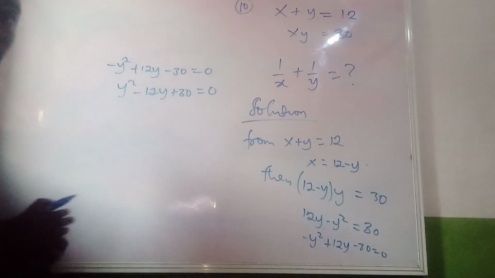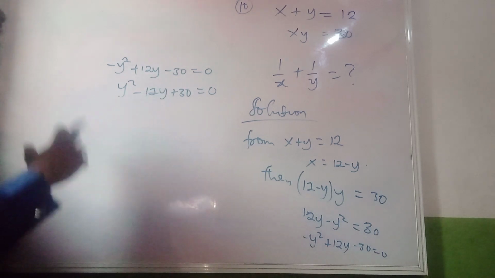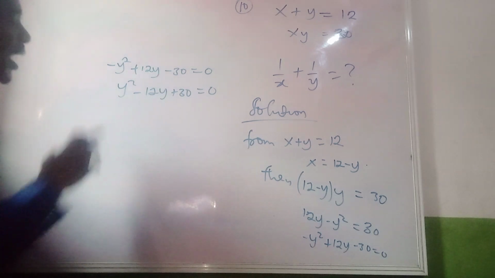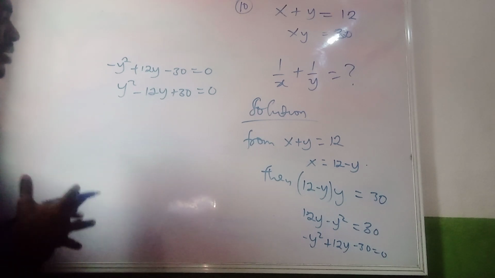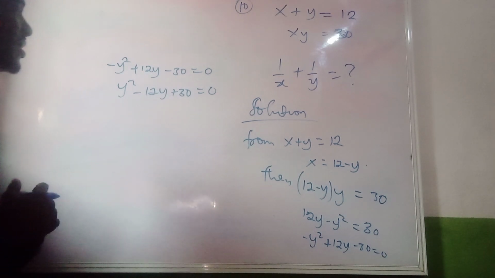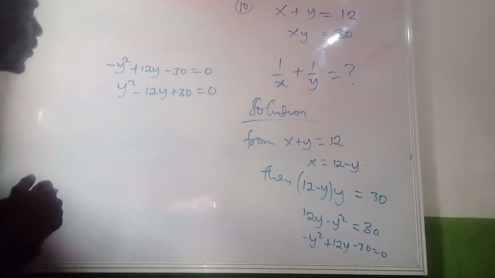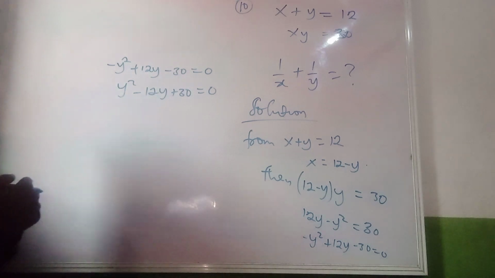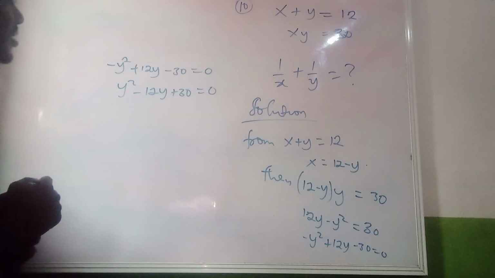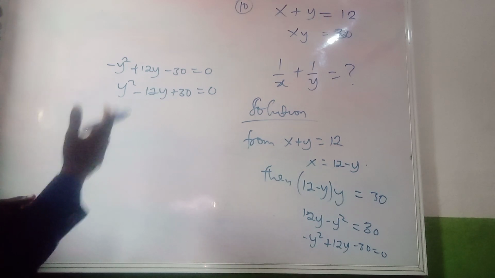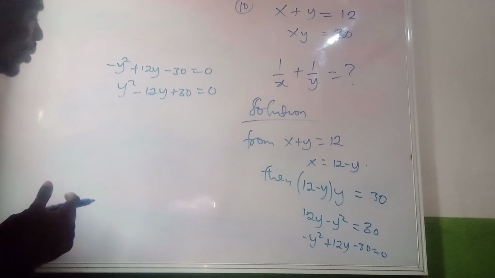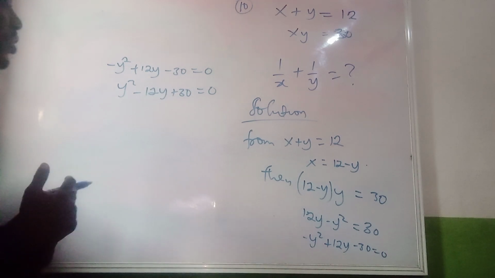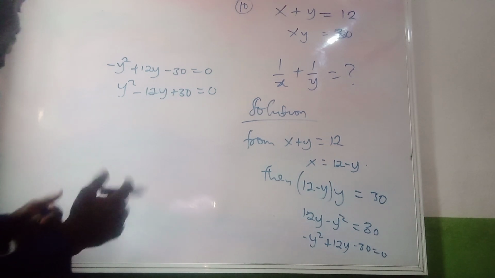Now, if you multiply this and this, you're going to get 30y. What are the two numbers you multiply together to give you 30, and when you add them together, give you minus 12? These are things we just have to ponder on. The best way to do this is to find the factors of 30.